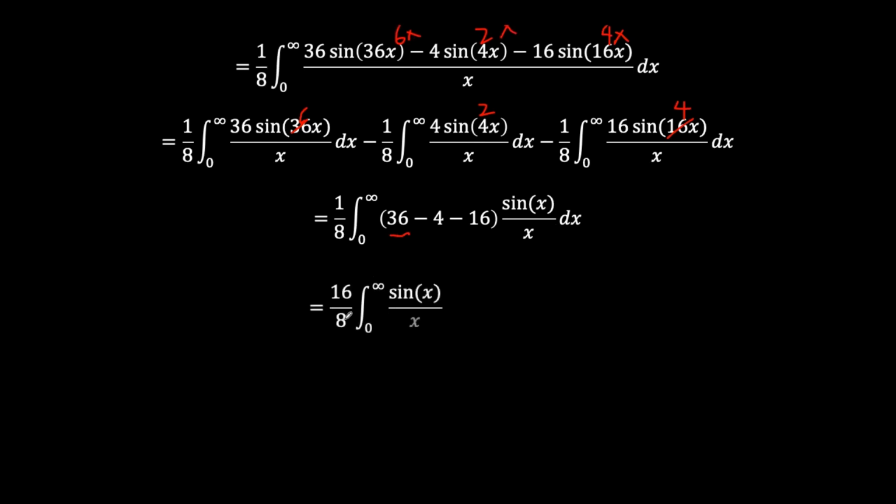So 16 over 8, the integral of sine x over x from x equals 0 to infinity, which is 2. Since we know this is the same as pi over 2, we have 2 times pi over 2. And so the answer is pi. So that is the answer for this problem. Kind of interesting. I hope you did enjoy.